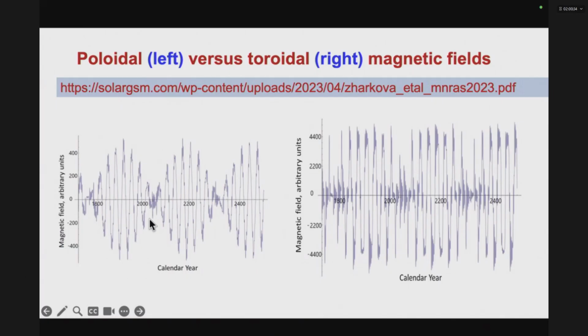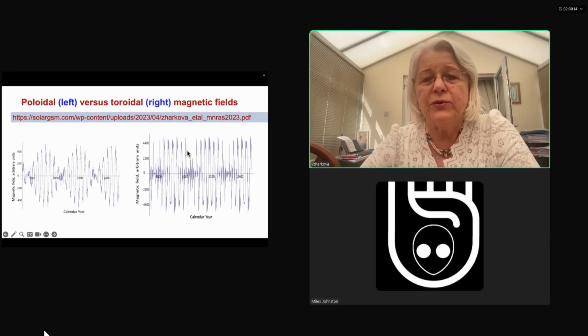This is how it behaves over these years, calculated for the models we derived. On the right-hand side is the toroidal magnetic field, the magnetic field which is stored inside the sunspots and whose roots we see as sunspots. So you see they are quite different, and you cannot expect them to be similar.